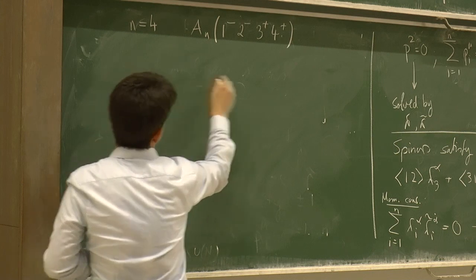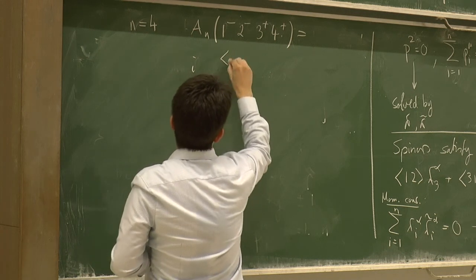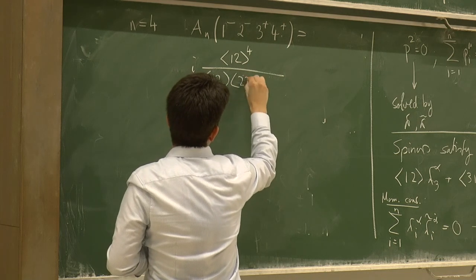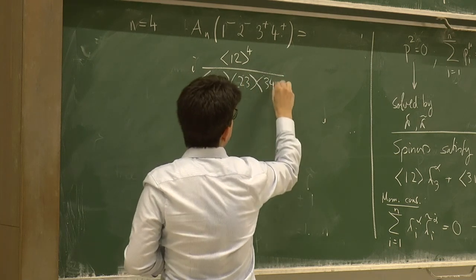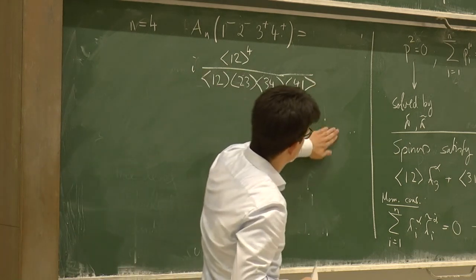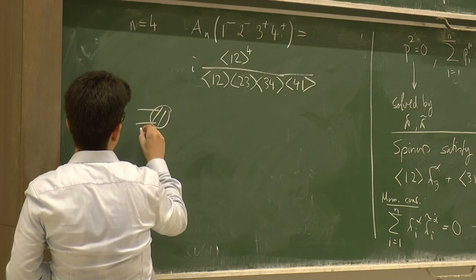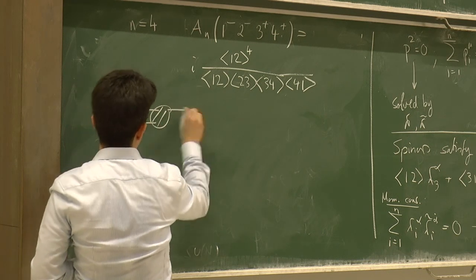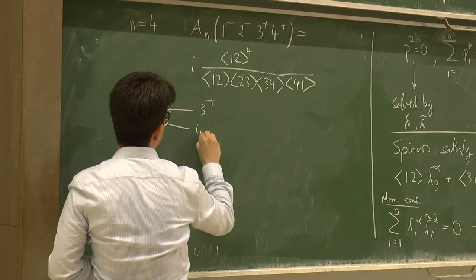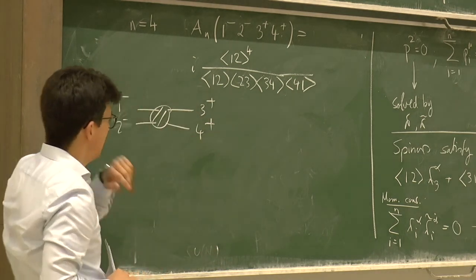So let's just write this up. We have the overall delta function, and then we have <1 2>^4 over <1 2><2 3><3 4><4 1>. Of course, this cancels if you want. So what is this? It's the amplitude with all outgoing 1 minus, 2 minus, 3 plus, 4 plus.